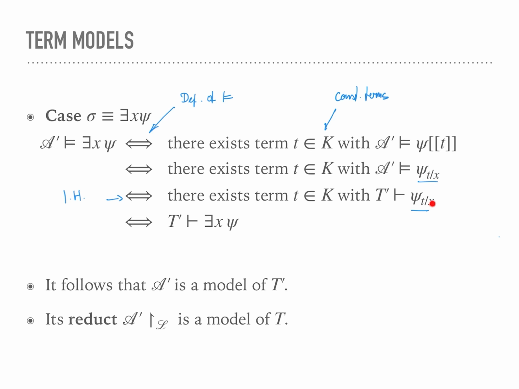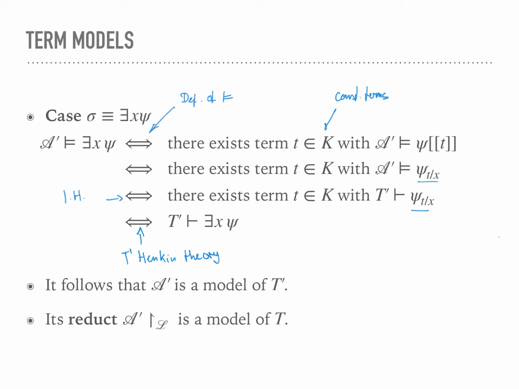Okay. And now the final equivalence we're going to apply is the following here. And this one now really uses that we have a Hankin theory. So that t prime is a Hankin theory.